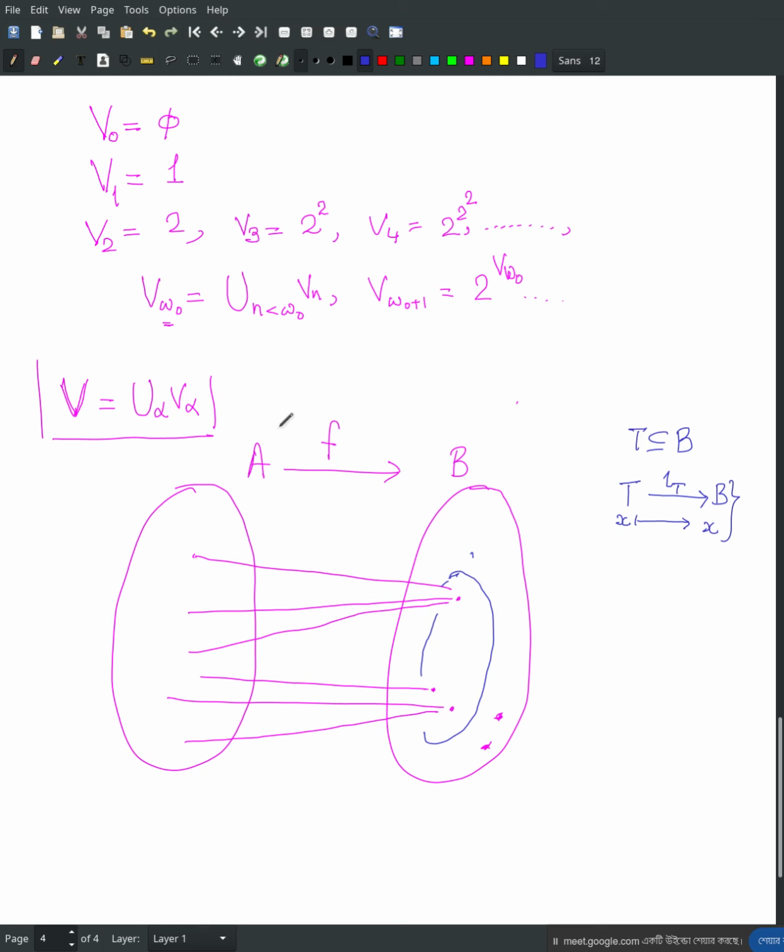So you can see this one breaking up as the range of f, and then this. Are there any other factorizations? Yes. I could have taken this T and its inclusion.